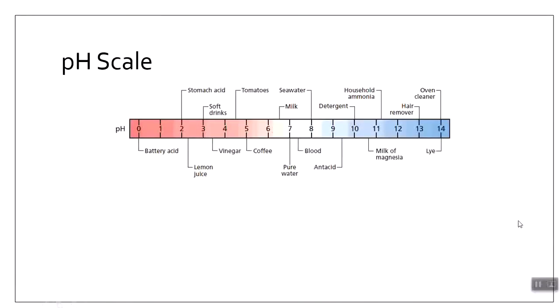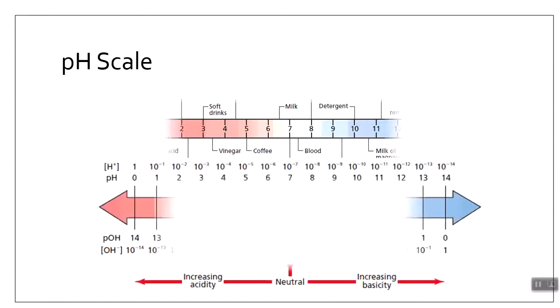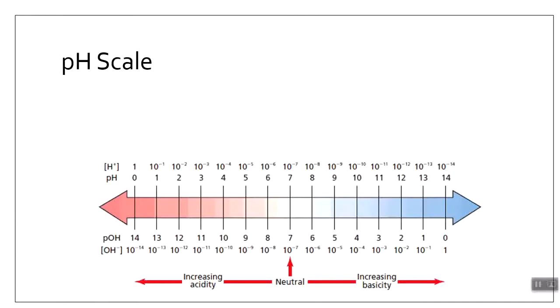Now, pH is actually power of hydrogen. So pH, yes, it tells us, simply put, how acidic or how basic a substance is, but it's actually directly related to the concentration of hydrogen ions in a substance.